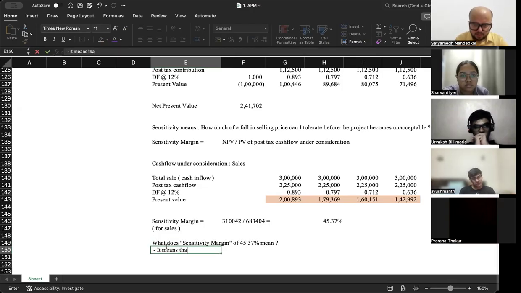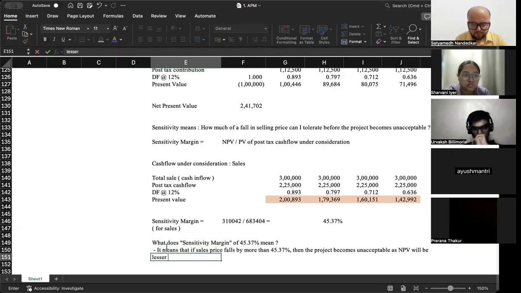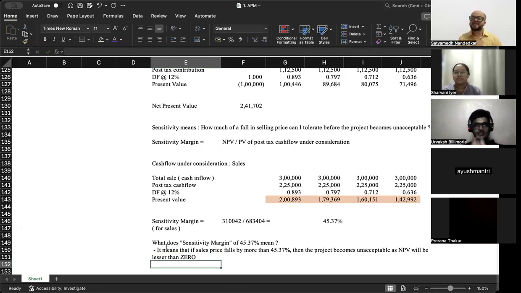It means that if sales price falls by more than 45.37%, then the project becomes unacceptable as NPV will be lesser than zero. This is your basic idea behind sensitivity.